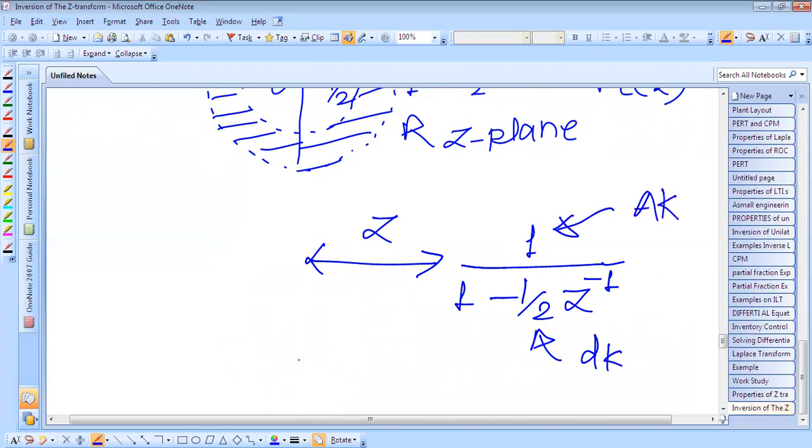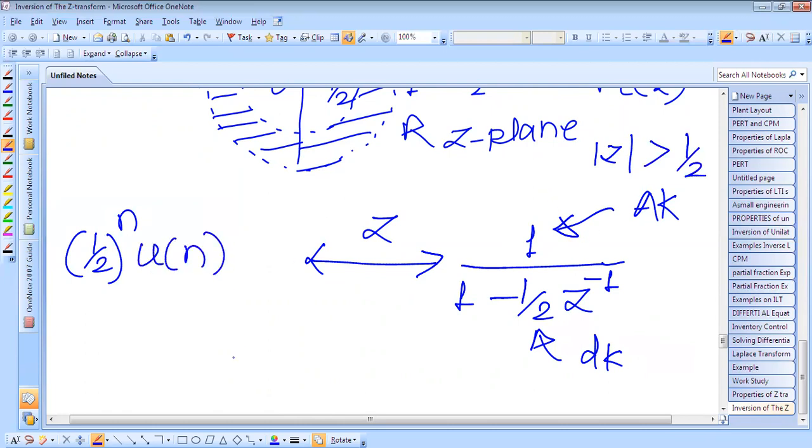So dk is half raised to power n, and since magnitude of z is greater than half, we can write u of n. This is the inverse Z transform of the first term.